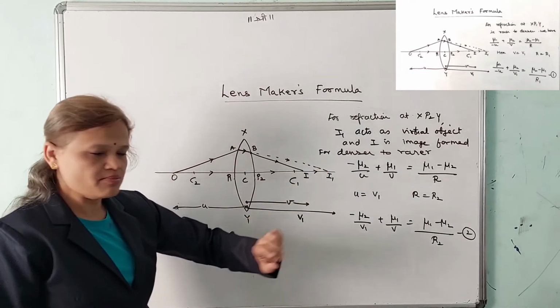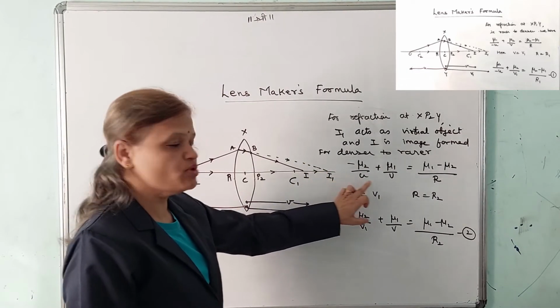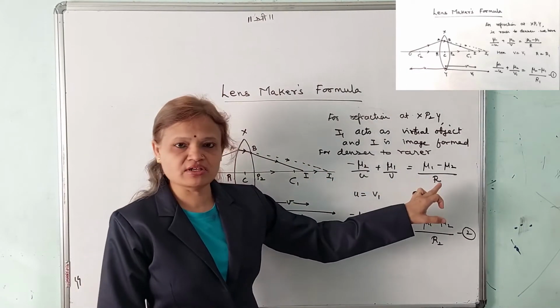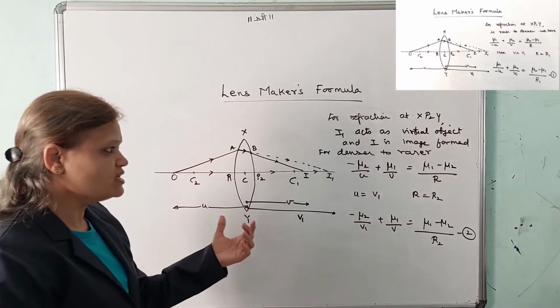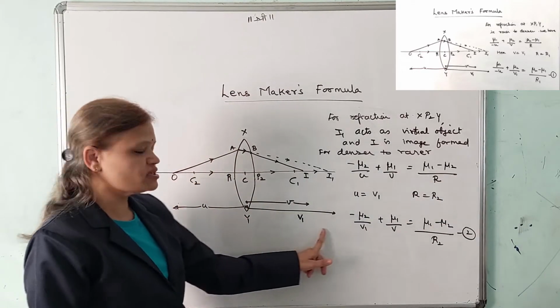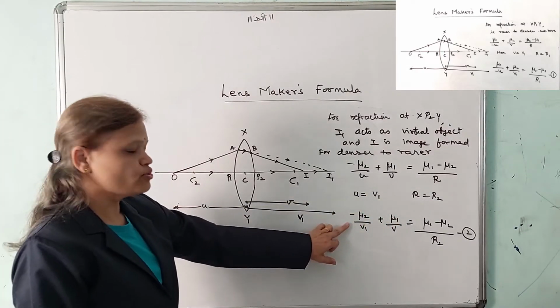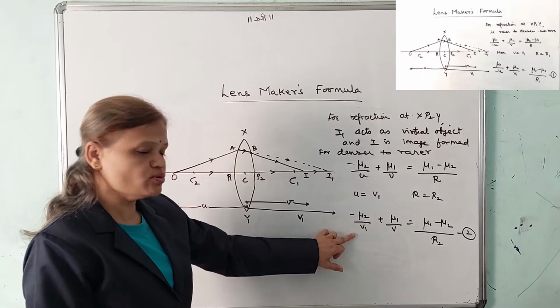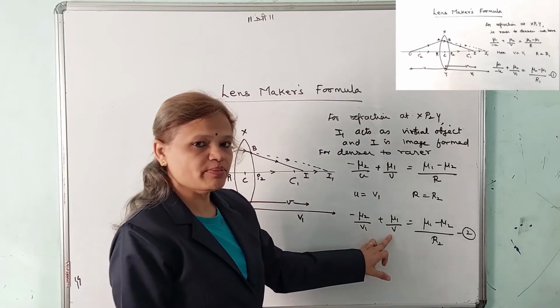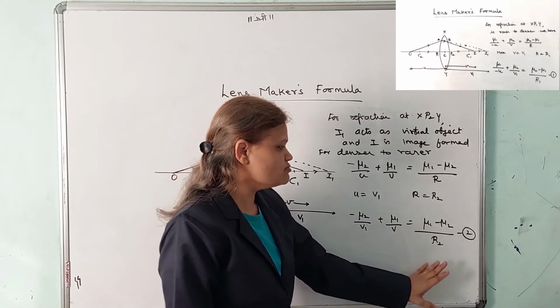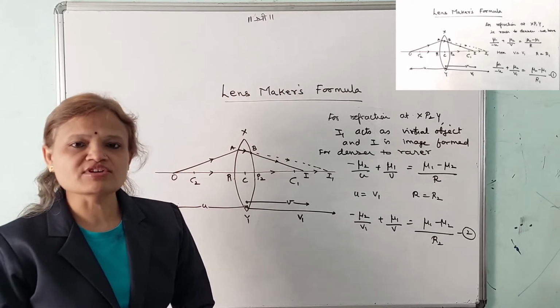We use this formula: minus mu2 by u plus mu1 by v equals mu1 minus mu2 by r. In this case, u is the object distance, which is v1, and the radius of curvature is r2. So you get the equation minus mu2 by v1 plus mu1 by v equals mu1 minus mu2 by r2. That is equation 2.